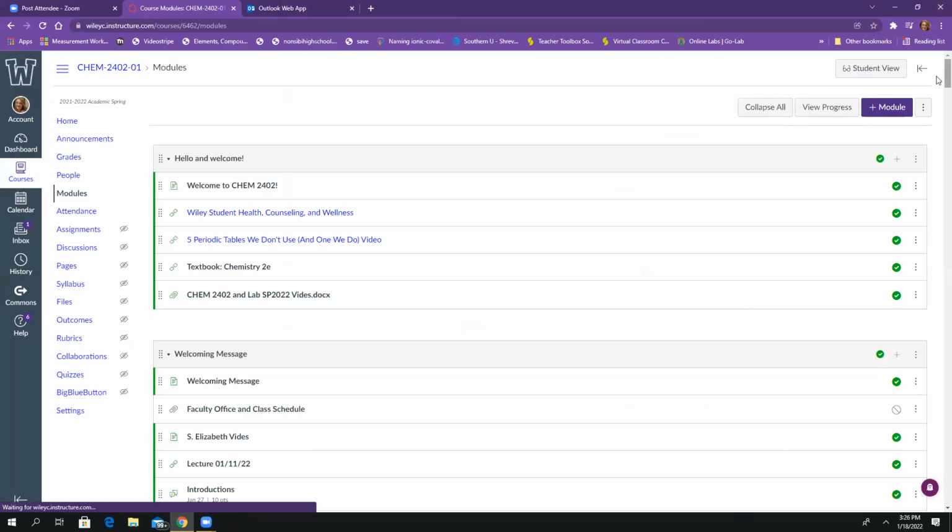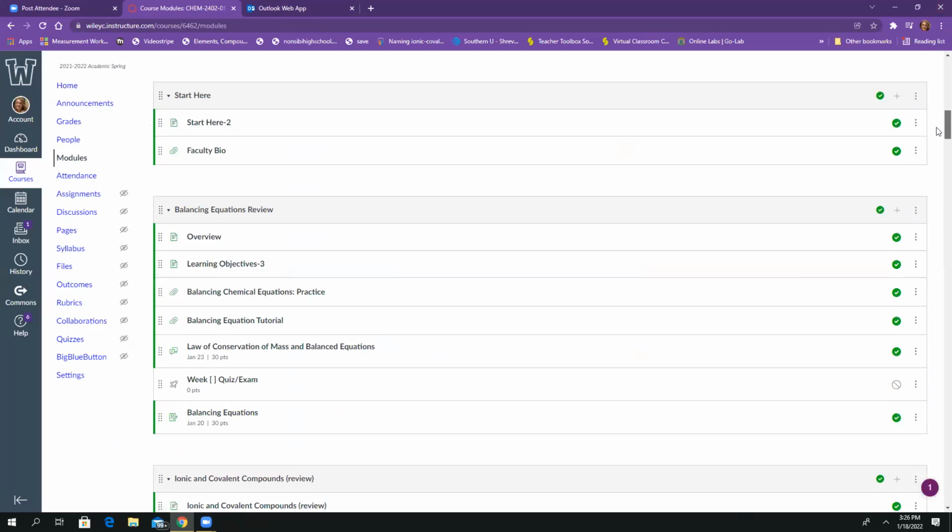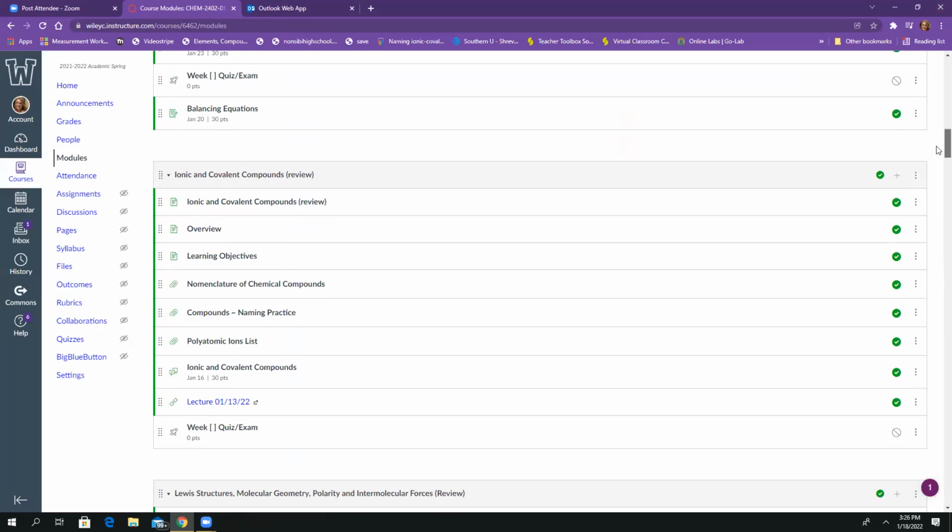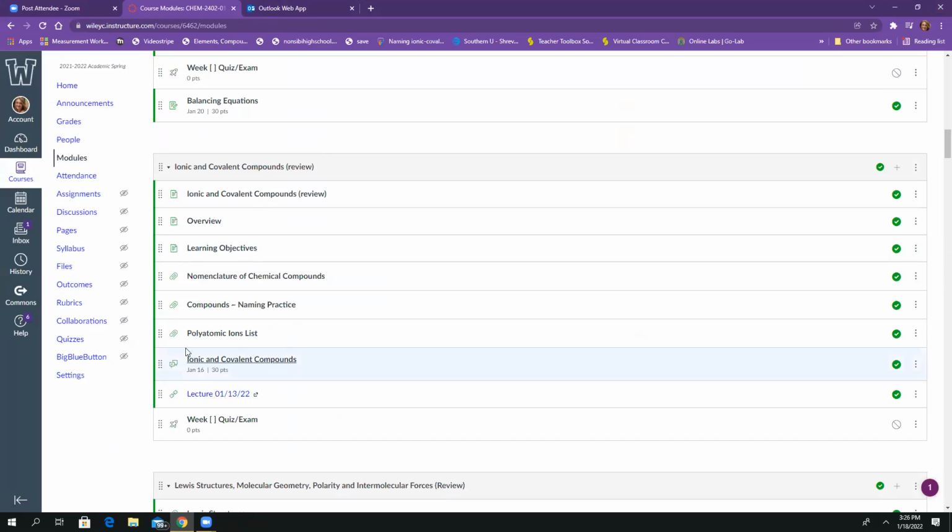Now, the other part that remains for you to remember is how to name acids. Here's the polyatomic ions list that I told you I'd put up there. And there's your naming practice.